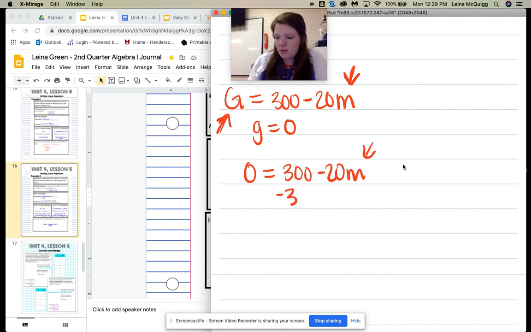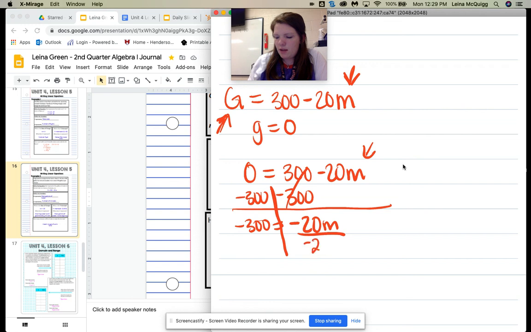So the first thing I'm going to do, I'm going to get m by itself. So the first thing I'm going to do is subtract 300 from both sides. I'm going to draw my line over here. So 300 minus 300 is 0. That leaves me with negative 20m equals negative 300. Then I can go ahead and divide by negative 20. And negative 20 divided by negative 20 is 1m. And I don't have to write that 1 in front of my m. If I write an m, I know there's one of them.